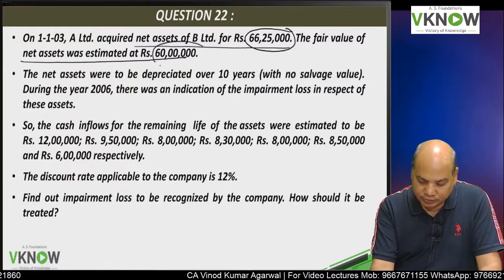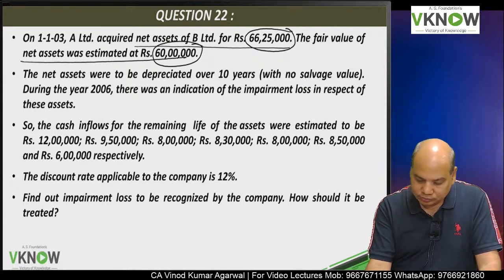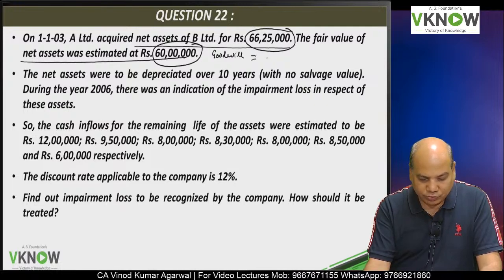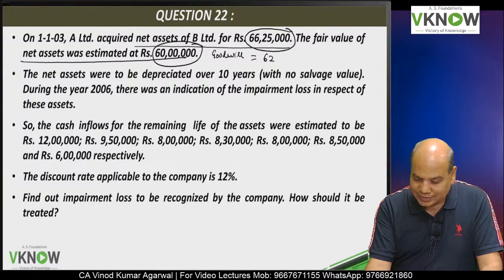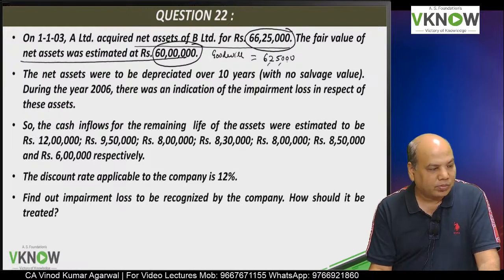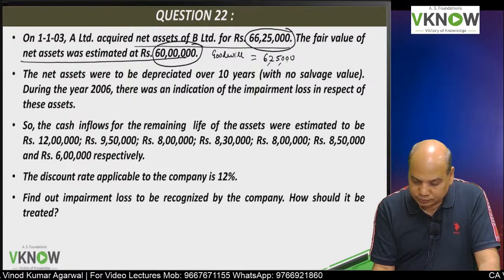Out of that, net asset is 60 lakh. Therefore, goodwill arising on acquisition would be 6,25,000. 66,25,000 minus 60 lakh will be the goodwill.